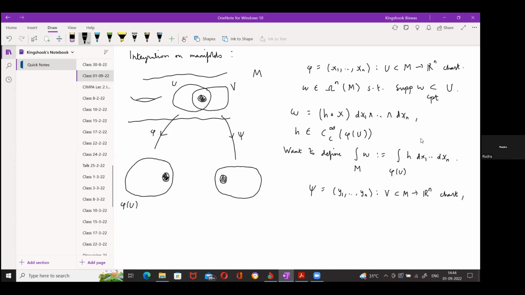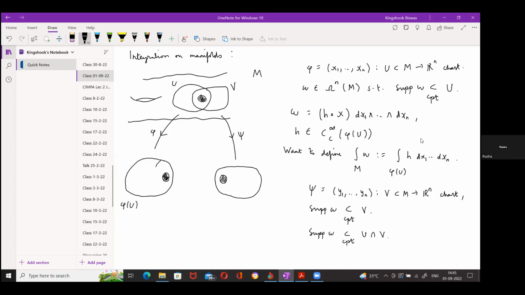And the support of omega is a compact subset of V also. So then note that the support of omega is a compact subset of U intersect V.